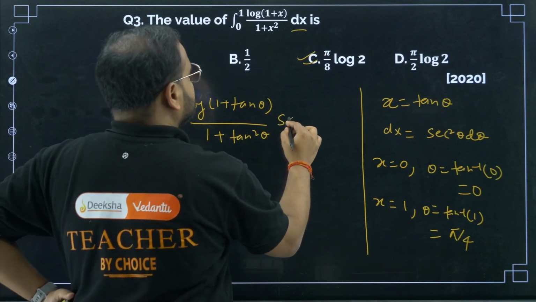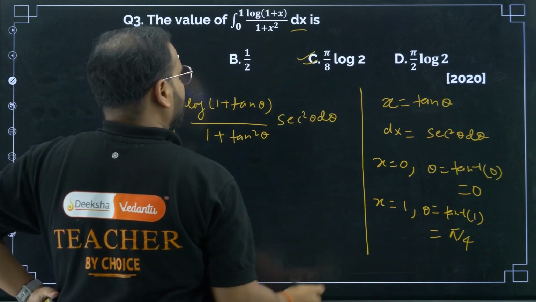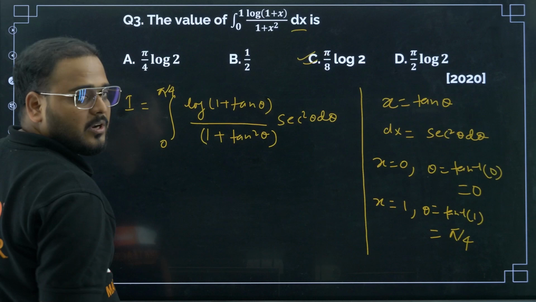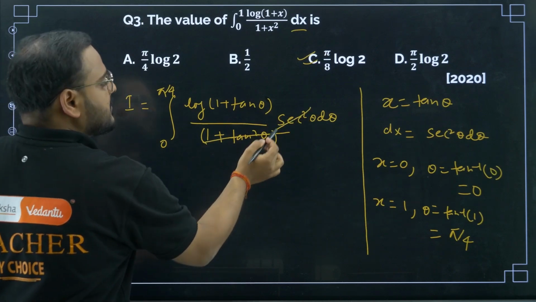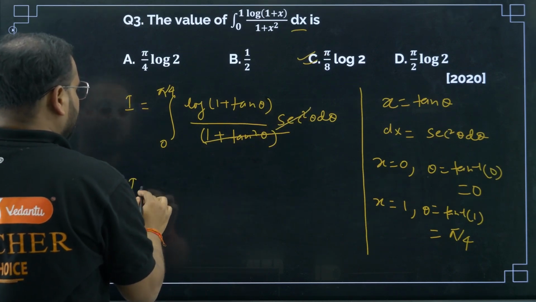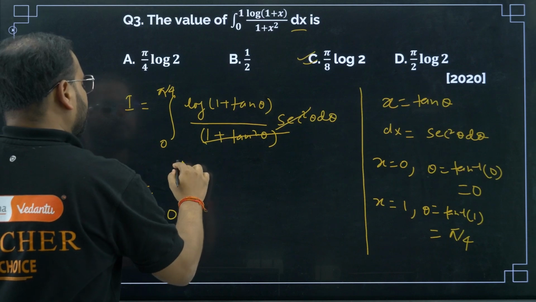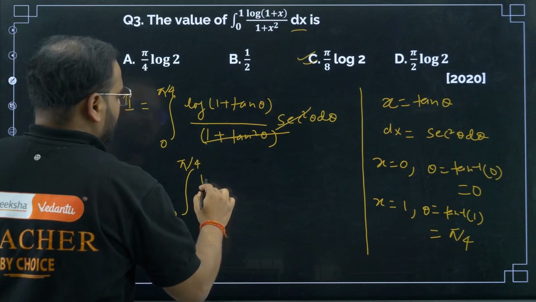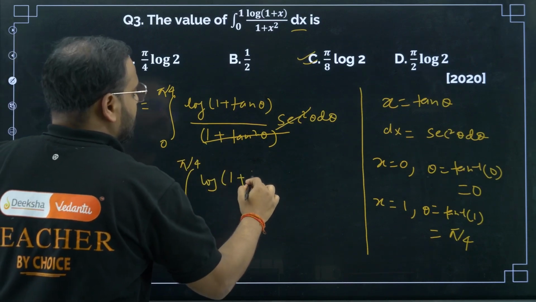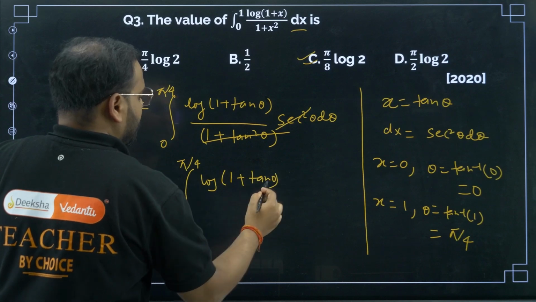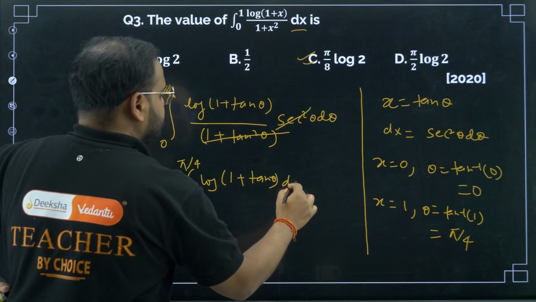Now 1 plus tan square is what? Sec square. So I can cancel this with this. What I'm left with is I equals the integral from 0 to pi by 4 of log of 1 plus tan theta d theta.